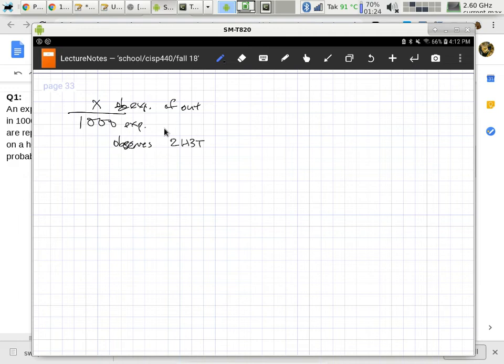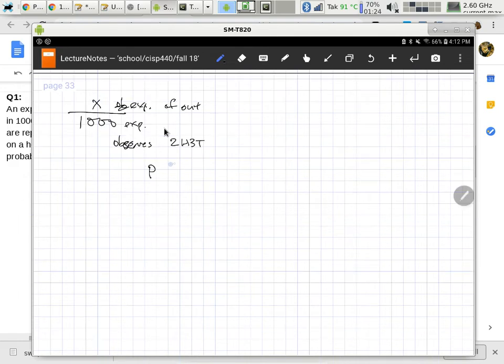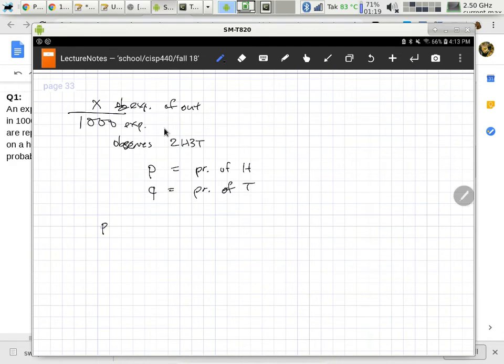Okay. So if you look at P and Q, we'll just say P is the probability of landing on the head, and Q is the probability of landing on the tail. So obviously P is 1 minus Q, or you can also say Q is 1 minus P, because P plus Q has to be 1. So what we're looking at is this particular scenario. We are looking at P plus Q, which is 1, to the power of 5.